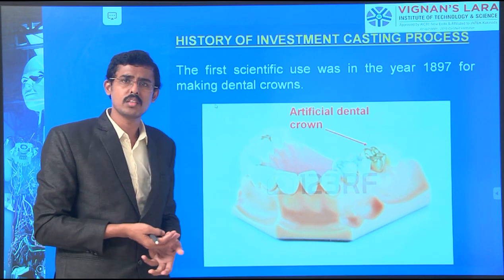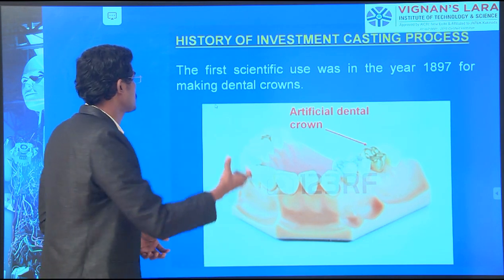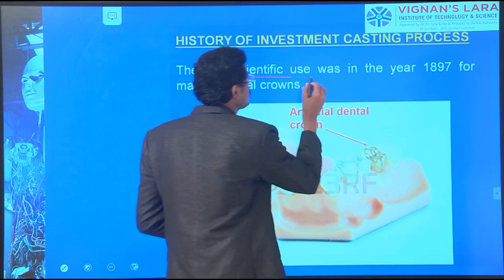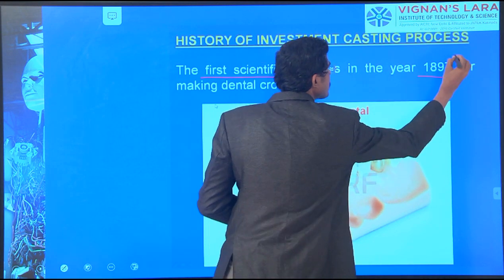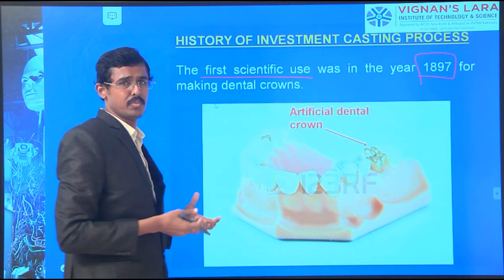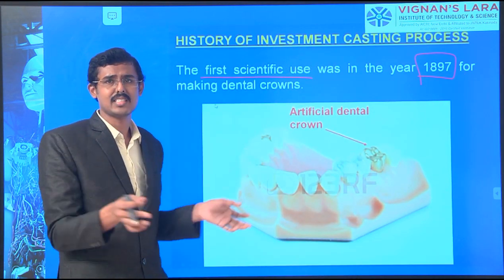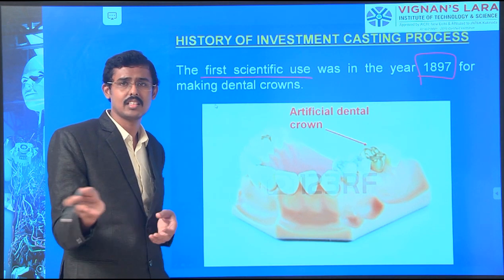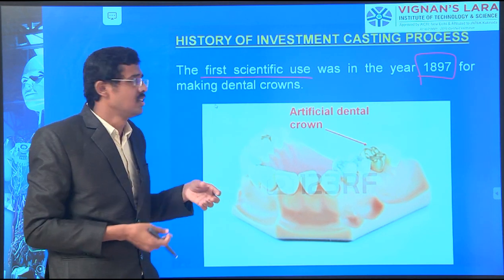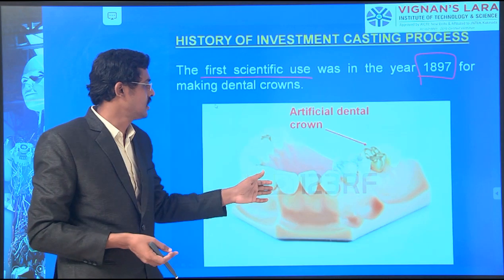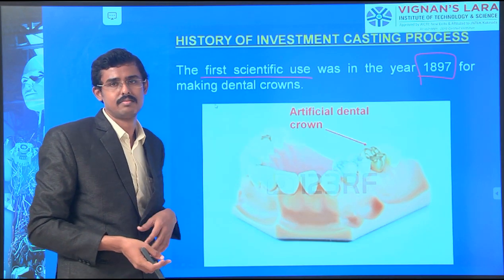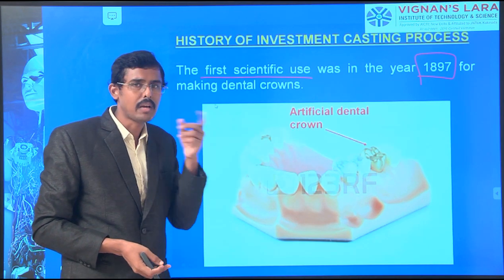Where are we using this investment casting? Our first scientific use was in the year 1897. Before that there were art castings and designs, but this was the first scientific use. In 1897 it was used for dentistry, for tooth implantations.